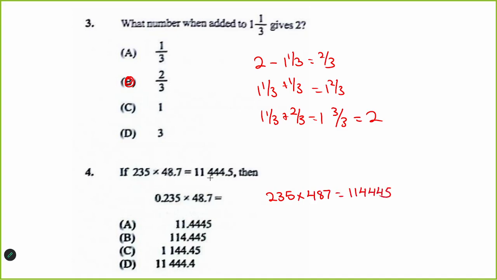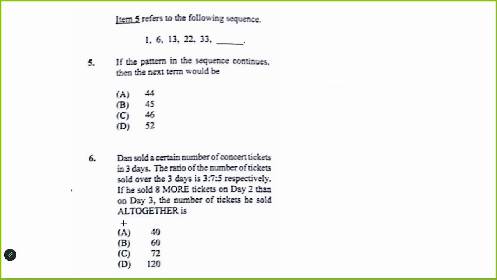That is without the decimal point. But when we multiplied 235 multiplied by 48.7, you see the decimal point was shifted once. This one, how many digits do we have after the decimal point? 1, 2, 3, 4. So you shift this 4 times. So the answer would be 11.445, which is E.